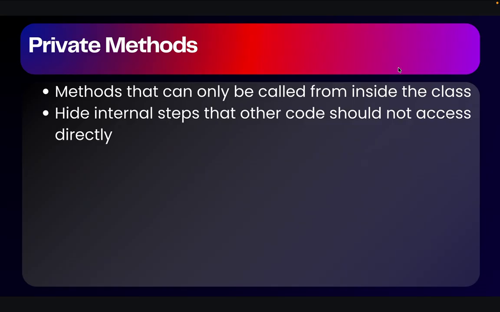Now, your private methods are the methods that can only be called inside of the class. They are used to hide any internal steps that have to happen or any steps that other code shouldn't access directly.